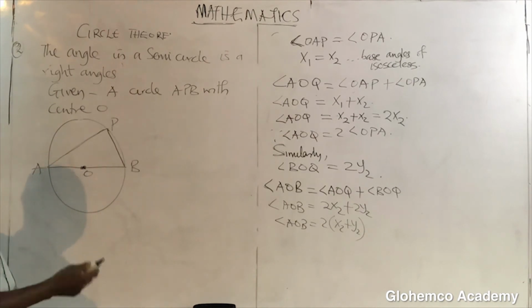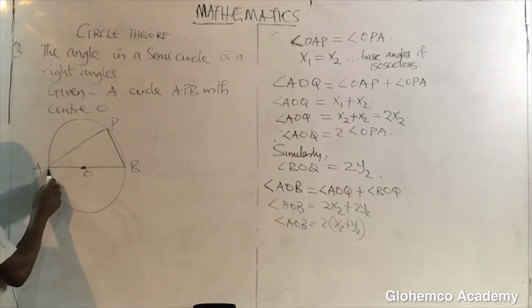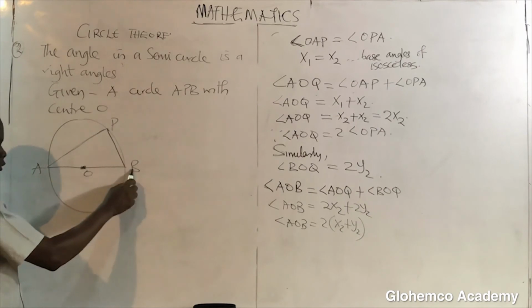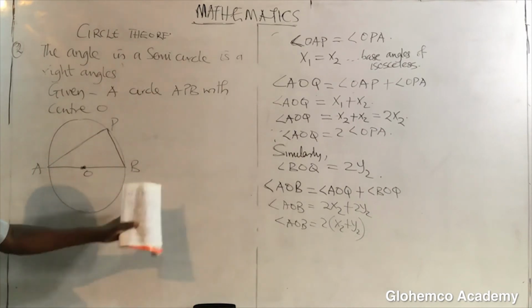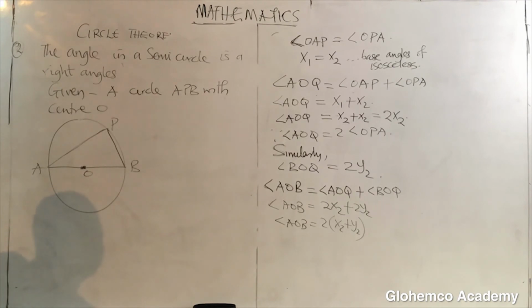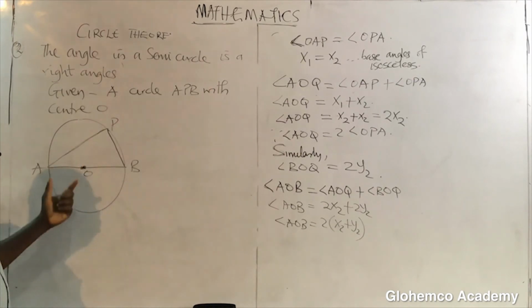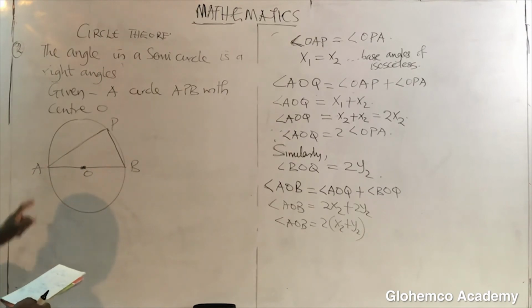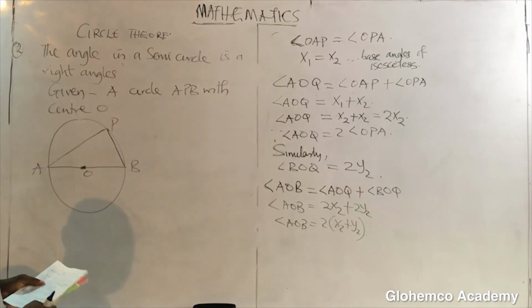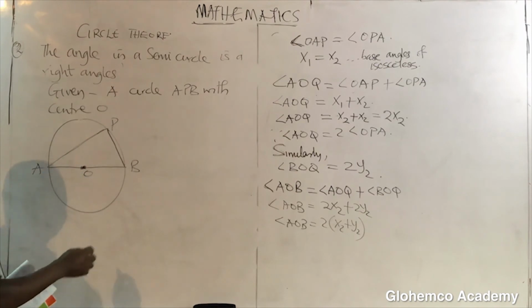A diameter is a line that runs from the circumference of the circle, passes through the center to another circumference. A diameter divides a circle into two equal parts. Now we want to prove that AOB is a straight line. We go to our proof now.